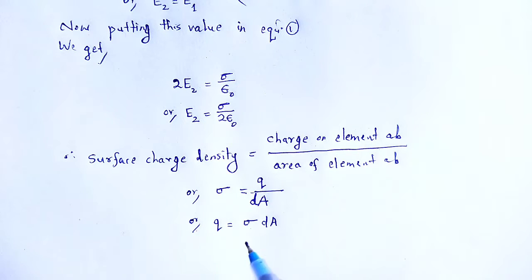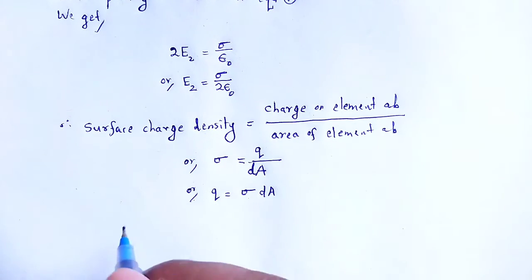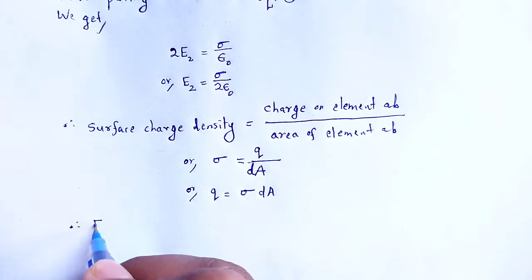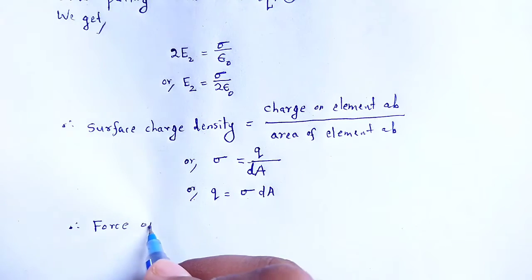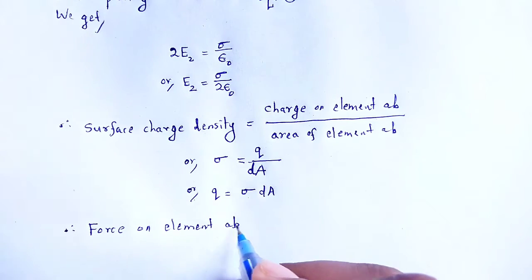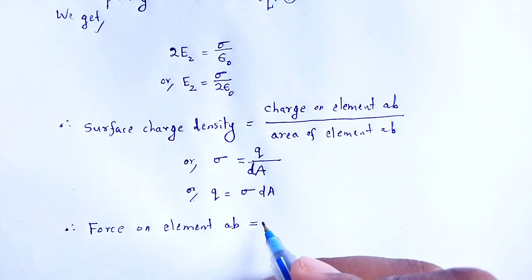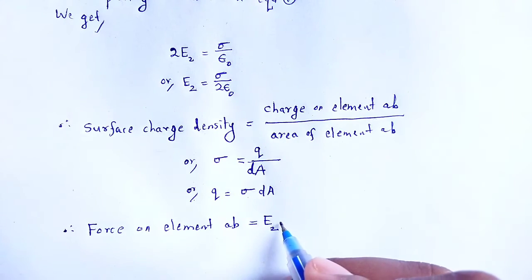So the force on element AB is equal to the electric field intensity E2 into the charge.